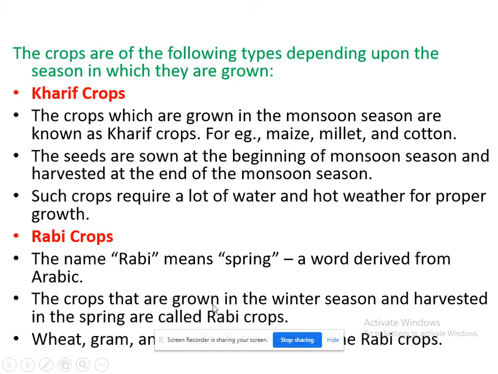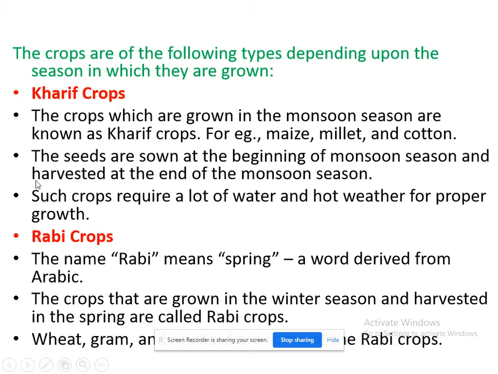The crops that are grown in winter season and harvested in spring, that are called as Rabi crops. So which crops? Like example, we can take wheat, gram. So when we take wheat, we sow in the winter season and they are harvested in spring.